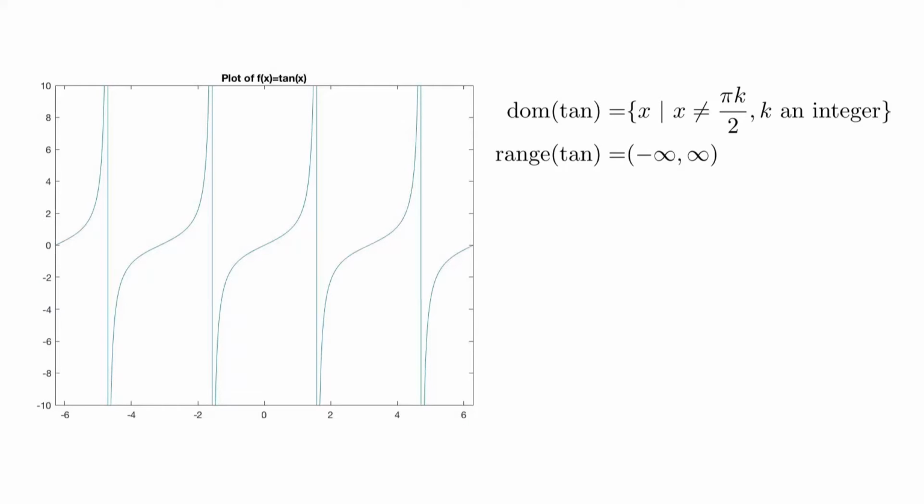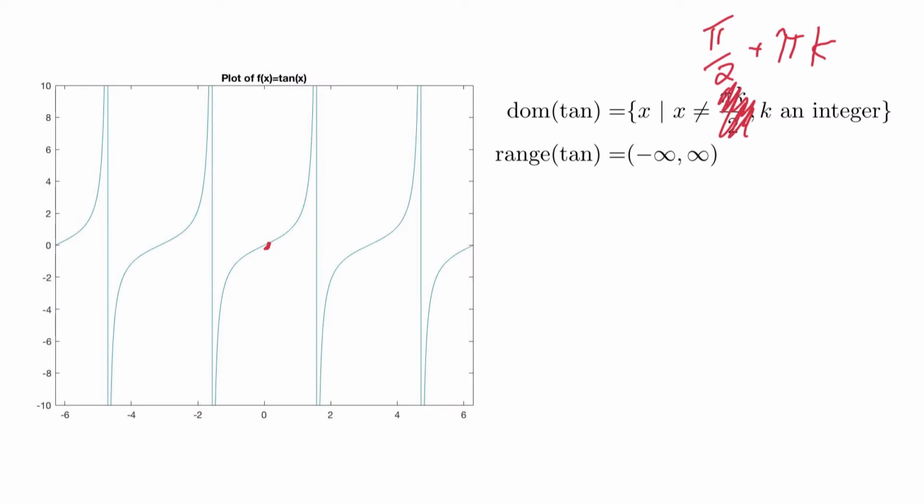We see that the domain is everything except at multiples of pi over 2. Actually, this is not quite right. It should be pi over 2 plus pi times k for some integer.